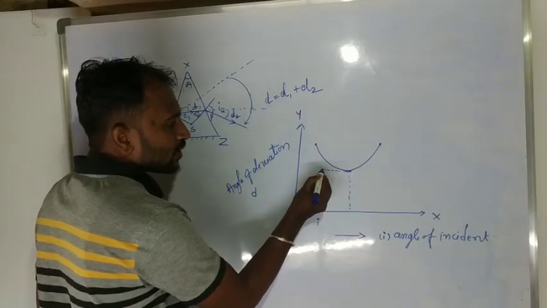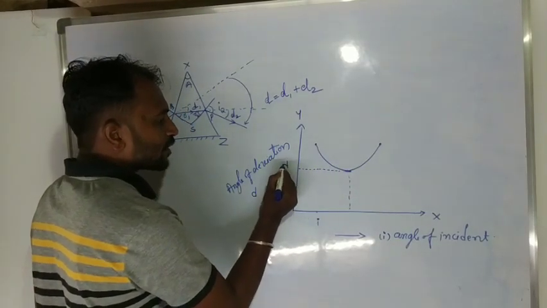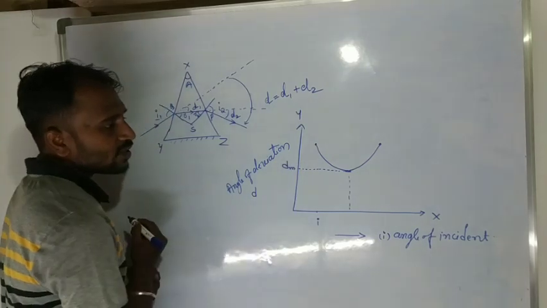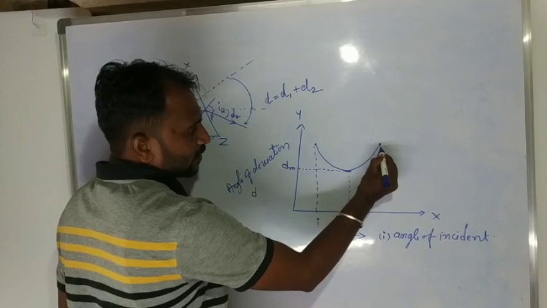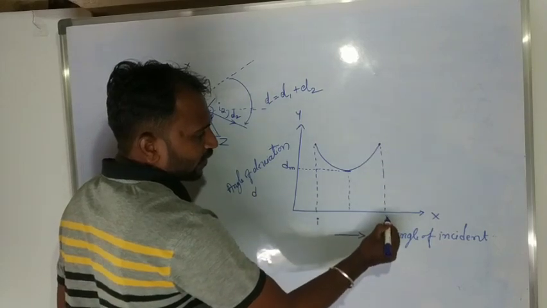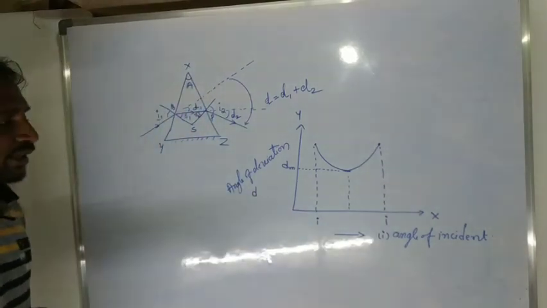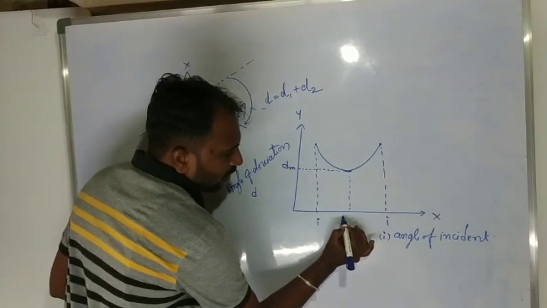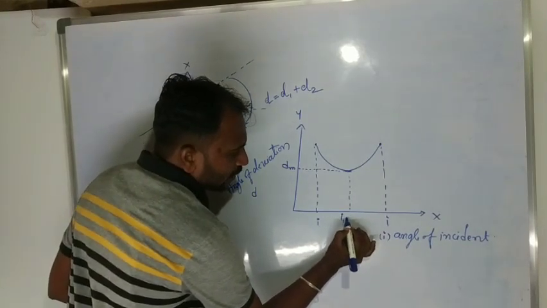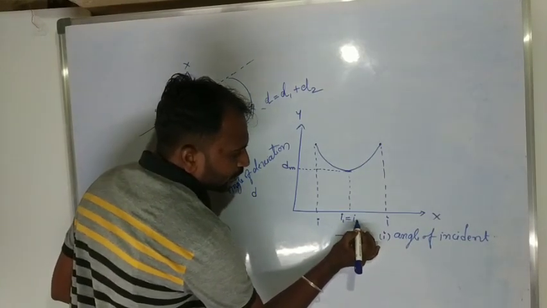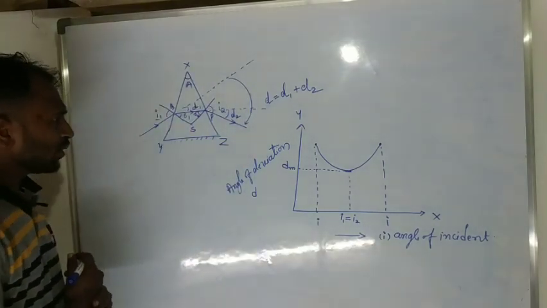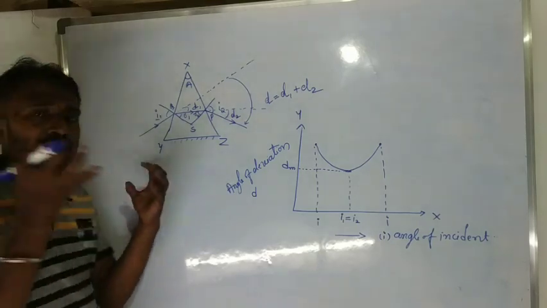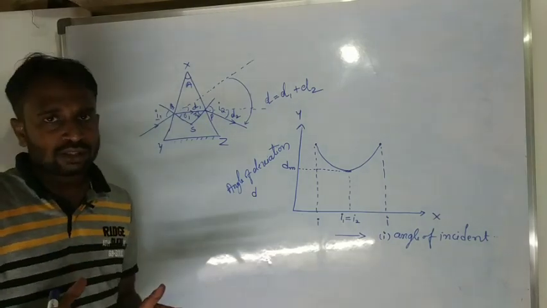This one is the initial angle of incidence, and this one is the final angle of incidence. At the minimum angle of deviation, I1 is equal to I2. Why is I1 equal to I2? Because here we want the minimum angle of deviation.